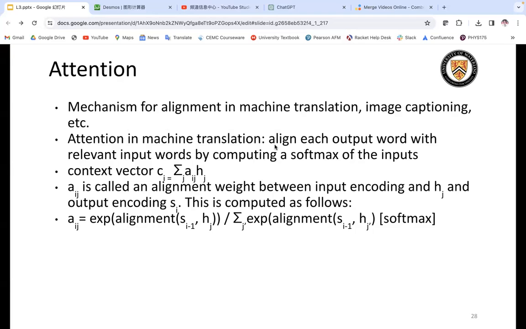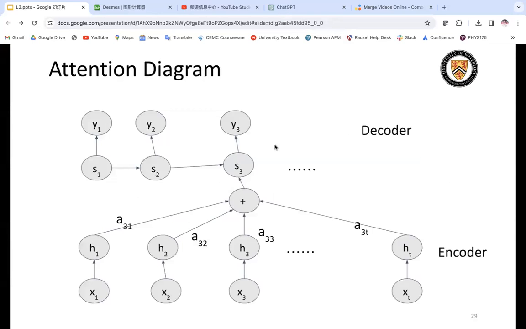a_ij is equal to the exponential of the alignment between s_{i-1} and h_j, divided by the summation of all the alignments between s_{i-1} and h_j'. You can see that this is basically a softmax. And now we can have a diagram. The encoder part is the x1 and the h1, and the decoder part simply is the s1 and the y1.